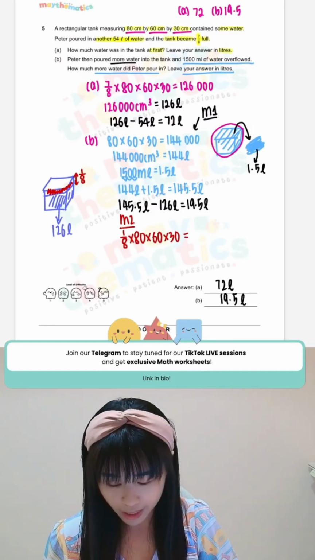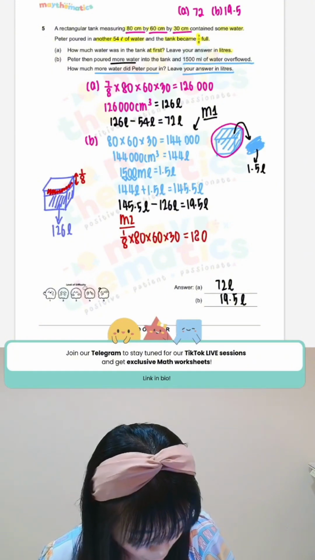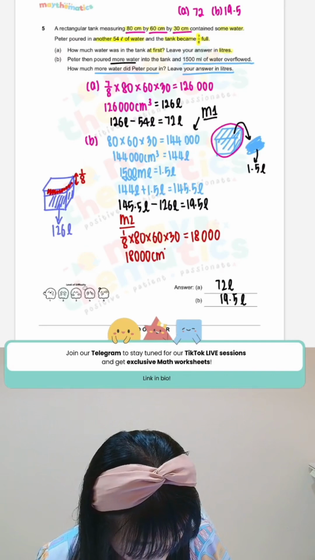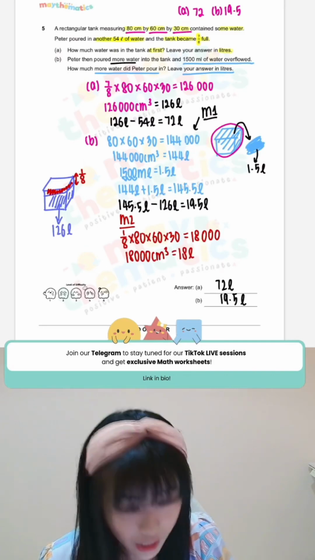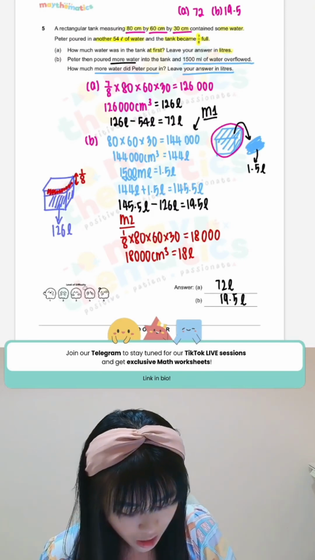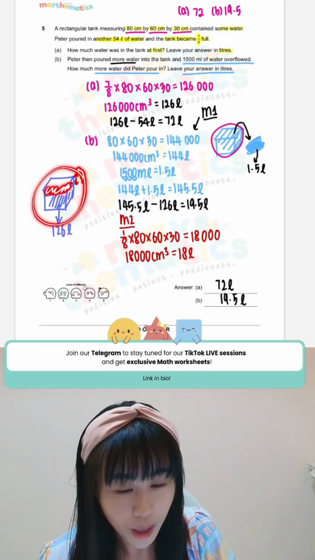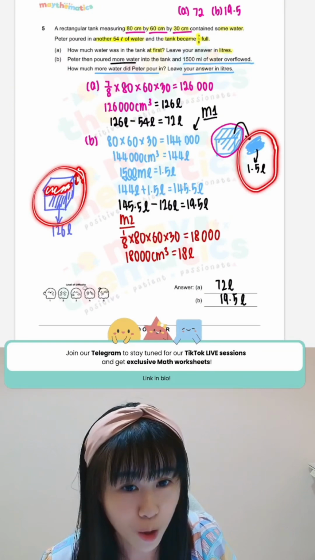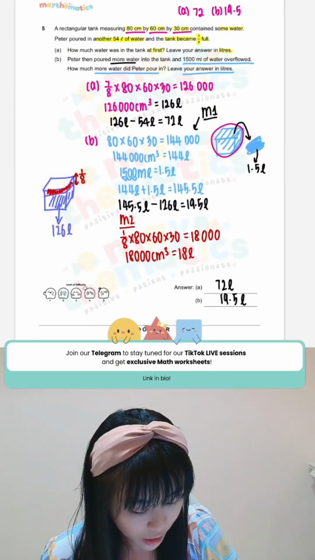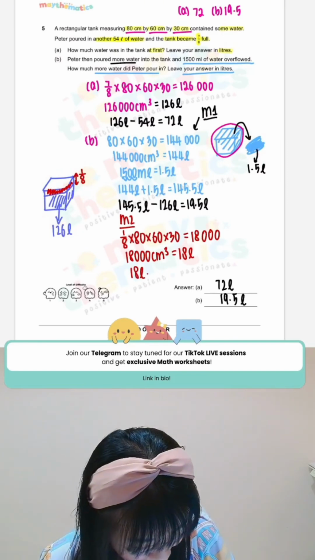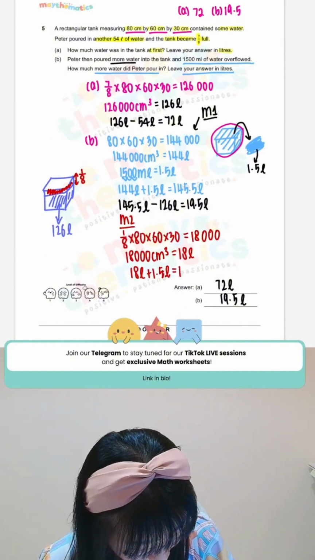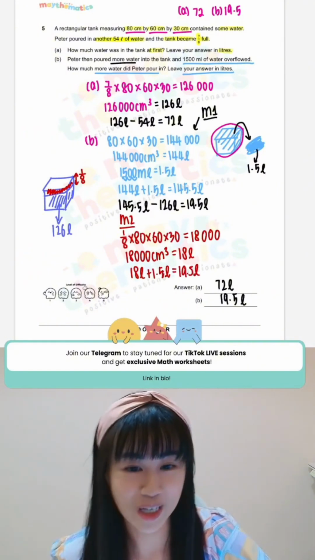That will give you 18000 cm cube, which is the same as 18 liters if you divide by 1000. So this part here is the part I need to fill up to the brim. But after I fill up to the brim, I still have overspill of 1.5 liters. So how much water Peter poured in is 18 liters plus the 1.5 liters that overflowed, and you will get 19.5 liters. Is this one easier to understand?